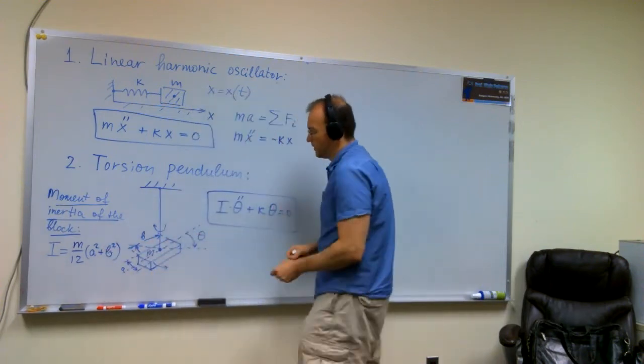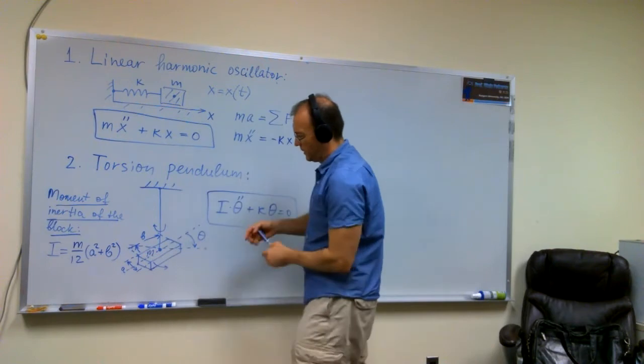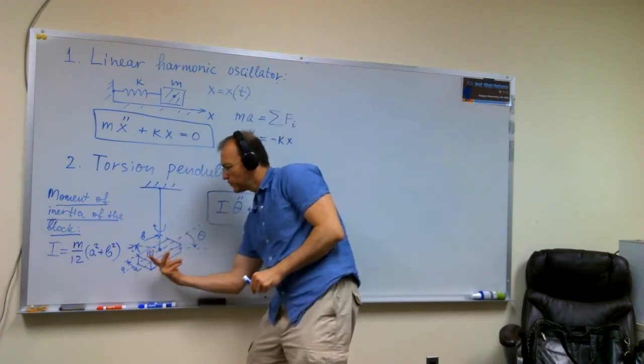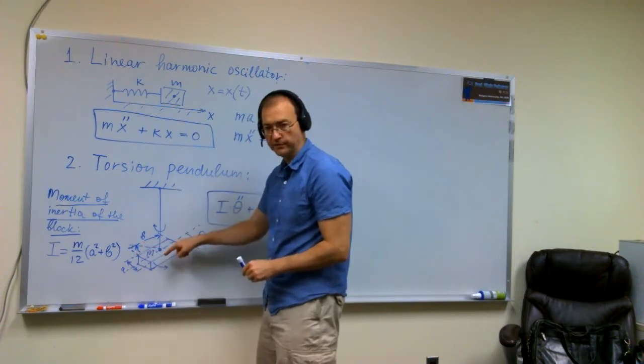So what happens here is that when you excite the block by turning it slightly and releasing, it will start oscillating by rotating in the horizontal plane, in the plane perpendicular to the string, right?